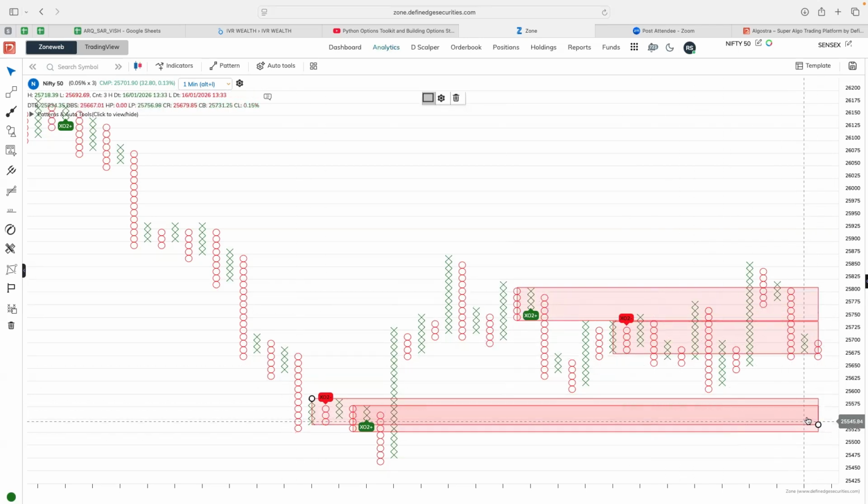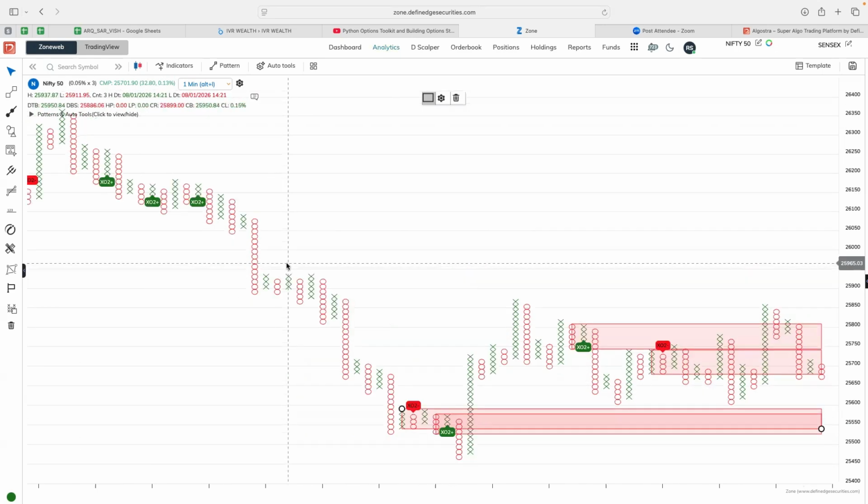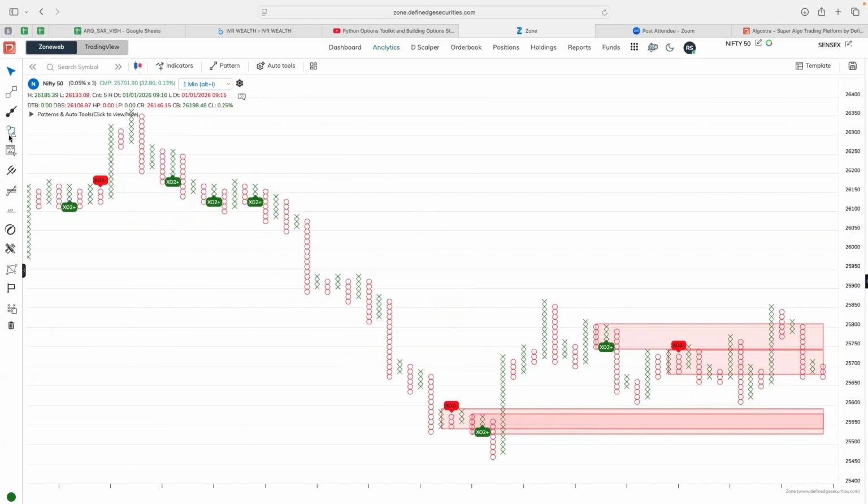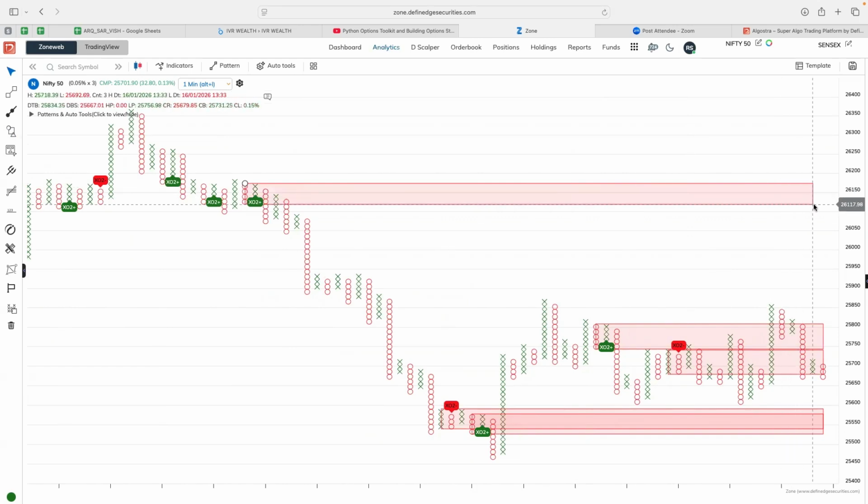I don't know why this thing went like this. Now let's take a few zones here. Why doesn't this want to come? See, this is a very, very strong resistance.